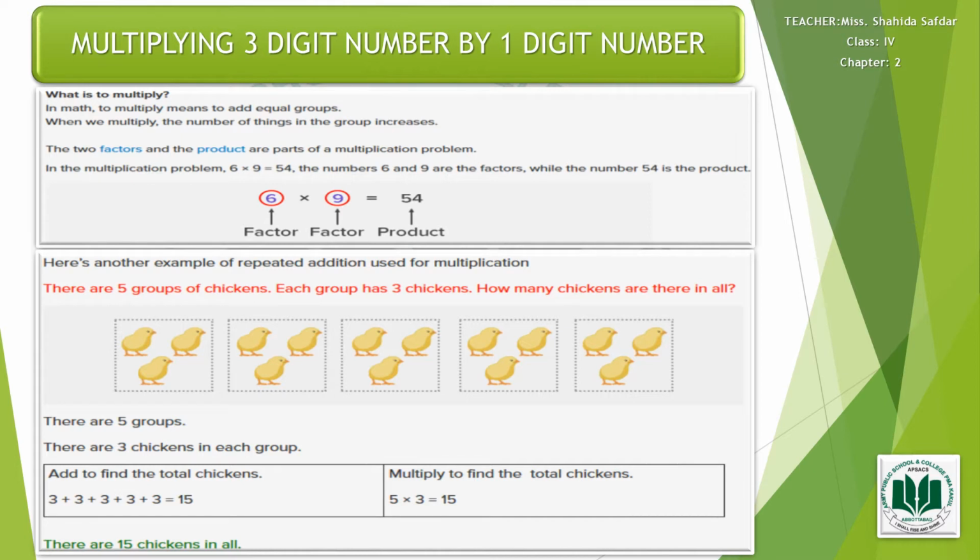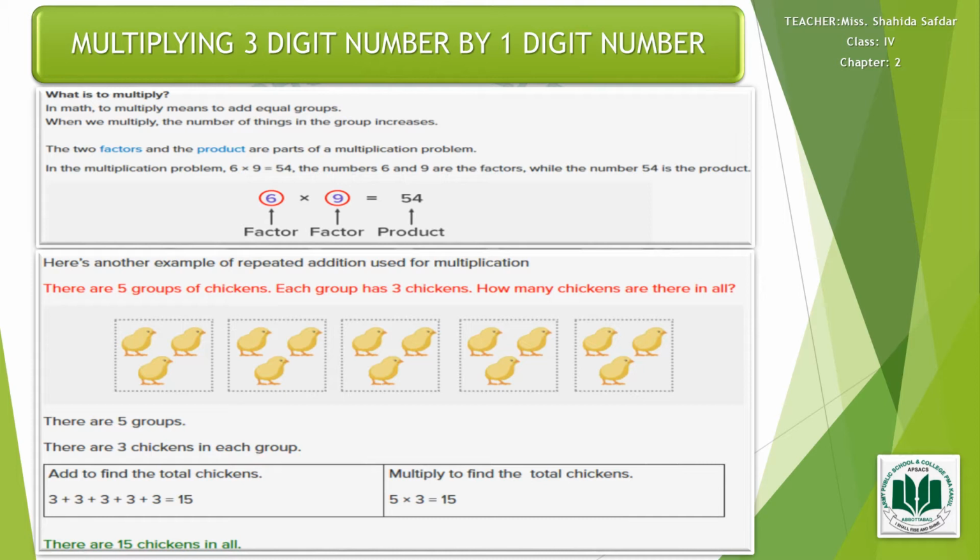To understand multiplication as repeated addition, here is another example. There are 5 groups of chickens. Each group has 3 chickens. How many chickens are there in all? As you can see, there are 5 groups and there are 3 chickens in each group.